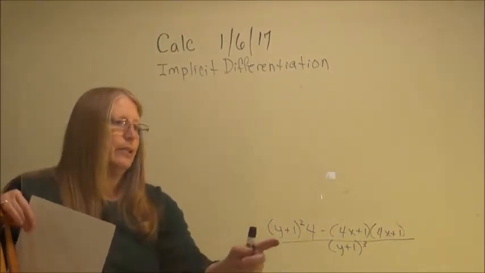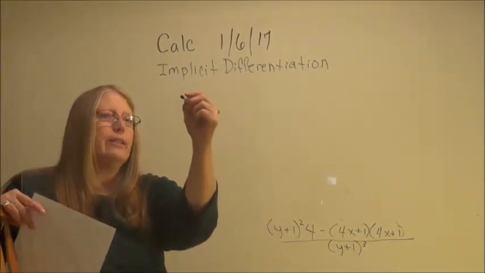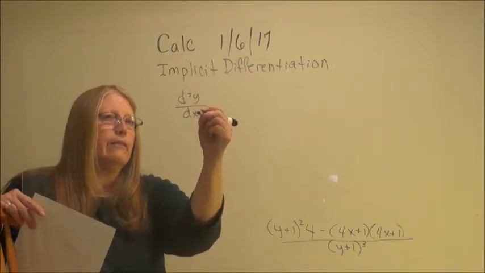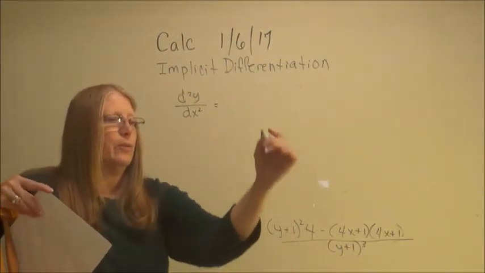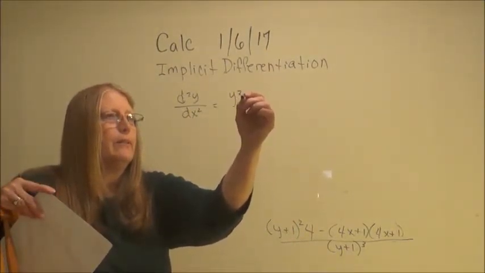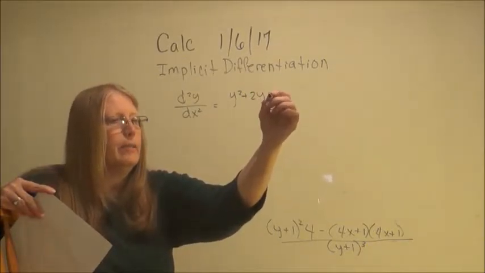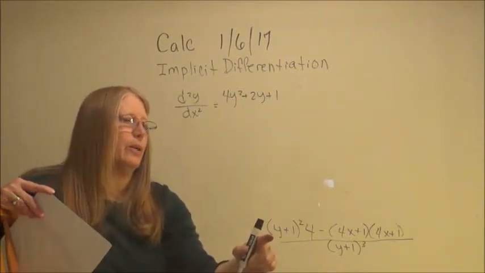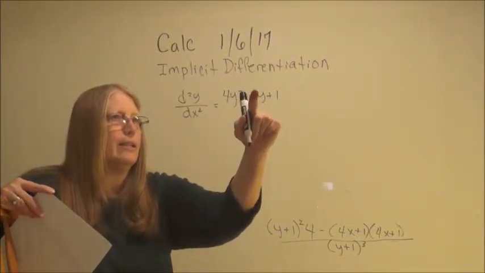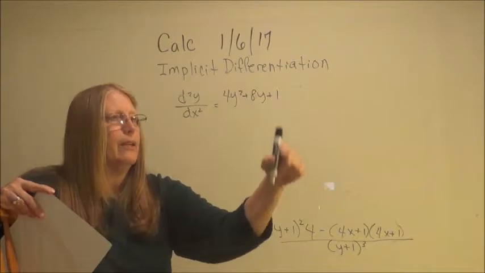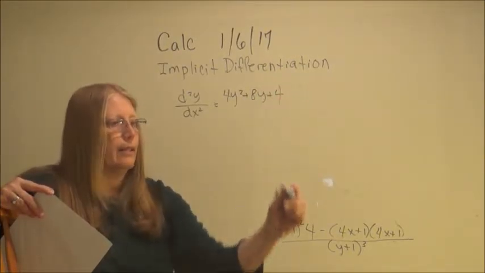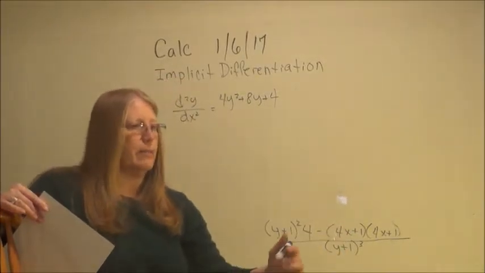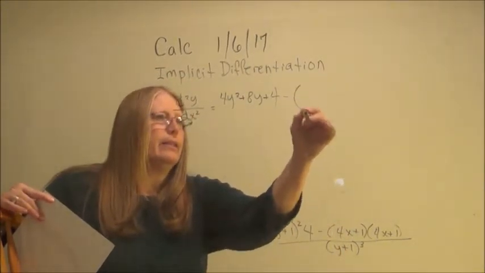Alright, so this is the second derivative, written like that. Squaring y plus 1, I get y squared plus 2y plus 1 all times 4. So this becomes a 4y squared, this becomes an 8y, and this becomes a 4. Alright, so that took care of that. Now this is the minus sign I'll grab in a second.